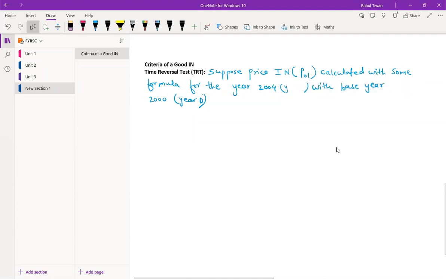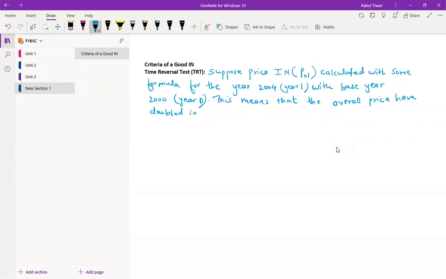This means that the overall price has doubled in 2004 as compared to the year 2000.